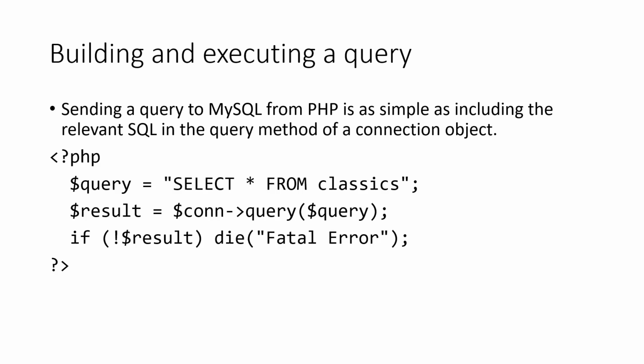And the next one, you will see you execute the query, which means we have the connection object and we use the query method, and then we pass the query that we have selected in this particular case. We are selecting everything from the classics, which gives the result. So if there's a mistake, we can say, okay, it's a fatal error. The next step, once you have the results, is the display.